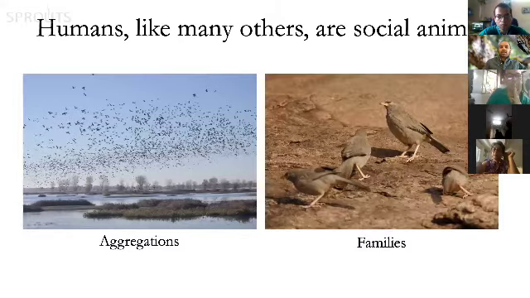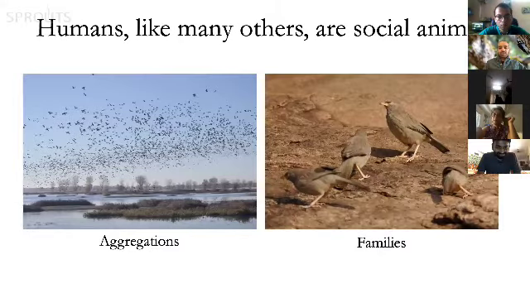But there are a lot of animals around the world that live in what we call family groups. These yellow-billed babblers, for example, live in family groups. Wolves live in family groups. Deer live in family groups. There are a lot of spiders that live in family groups. Earwigs live in family groups.